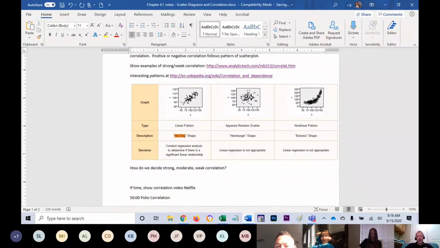Okay, so I'm going to show you something, and then tomorrow I'll break the rule a little bit. So we use the letter R to represent the correlation coefficient. Usually it's a lowercase r, but I capitalized it. So if the absolute value of R is between 1 and 0.7, then we're going to call that strong.